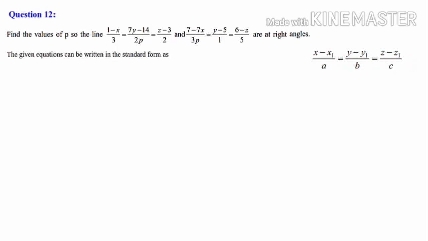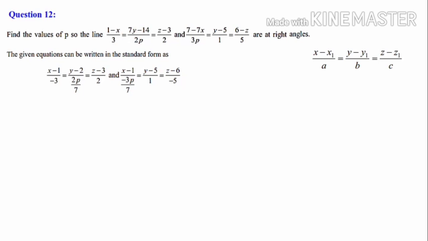So the given equations can be written in the standard form as x minus x1. x should be first, so we have to take a minus common from here. When we take minus common, that minus we have to put in the denominator. So x minus 1 by minus 3, first part solved. Next, y minus y1, the coefficient of y should be 1, but here it is 7. We have to divide through 7.